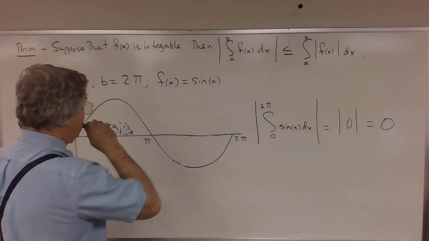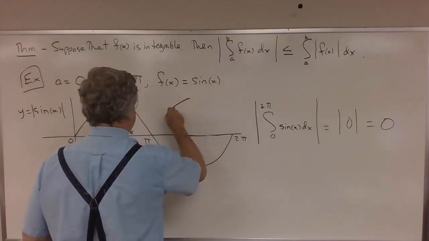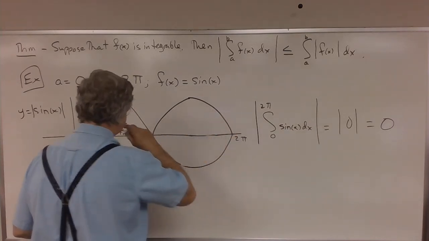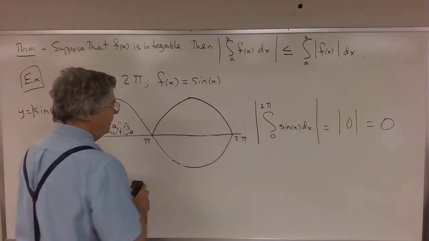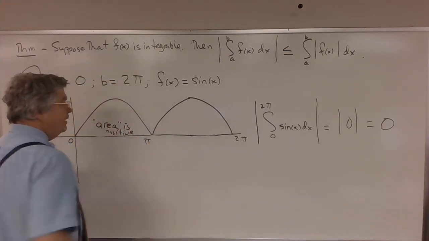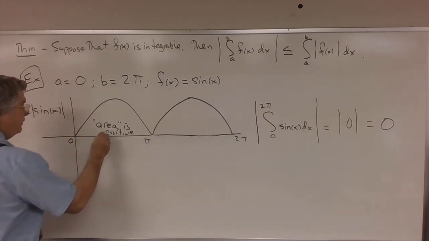So this is what the absolute value of sine of x looks like. And in each case, the area is positive.